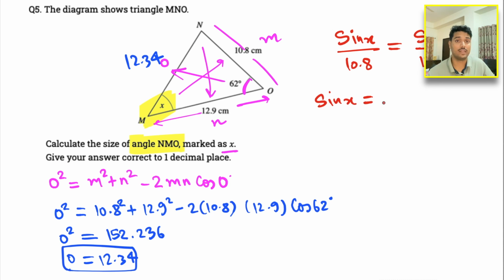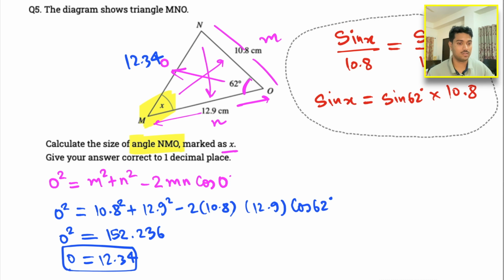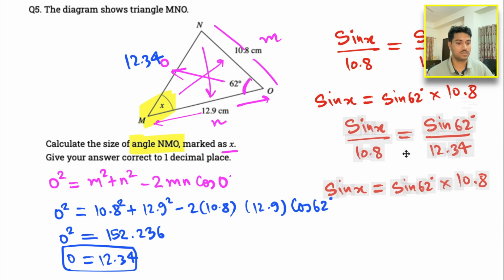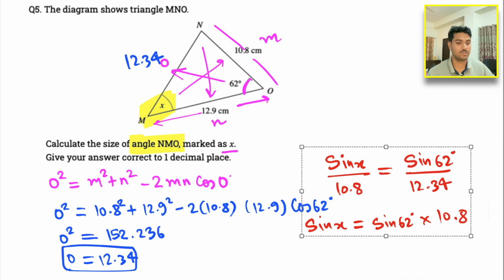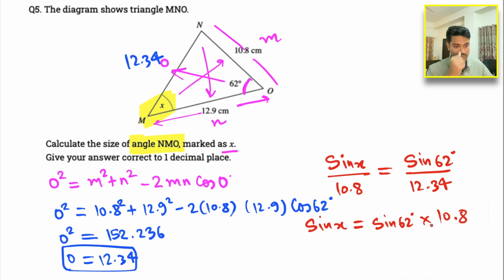So sine X is equal to sine 62 degrees multiplied by 10.8. Just a second, I think I should not write here. I'll do it here now. Yeah, so sine 62 into 10.8, and then we already have 12.34 in the denominator. If we do this, we'll get sine X is equal to, so let's multiply 10.8 with sine 62.